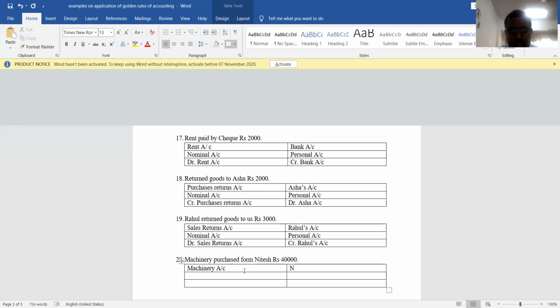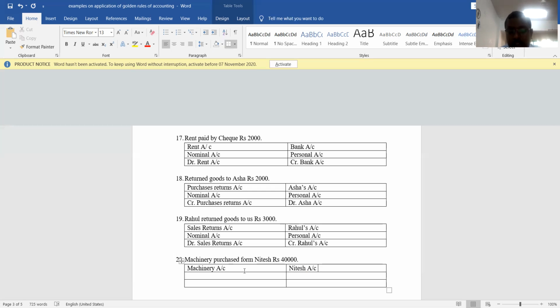And is it a cash transaction? No, it is a credit transaction. Understood? So whose account will come? Nitesh's account will come. Suppose it was like this, machinery purchased for cash rupees 40,000, Nitesh's account would not come, cash account would come.